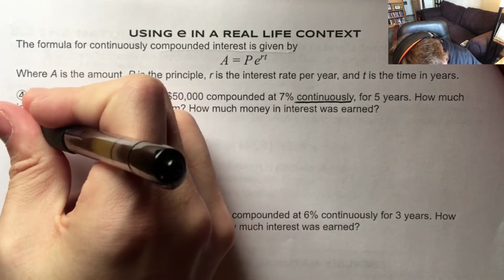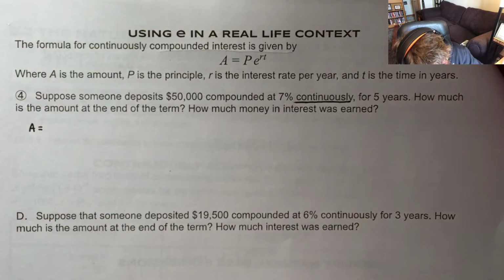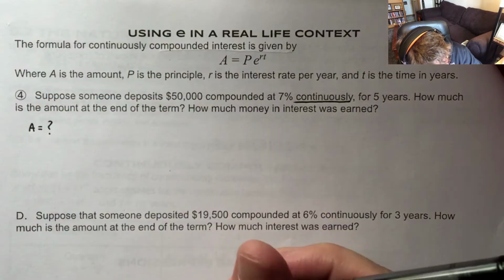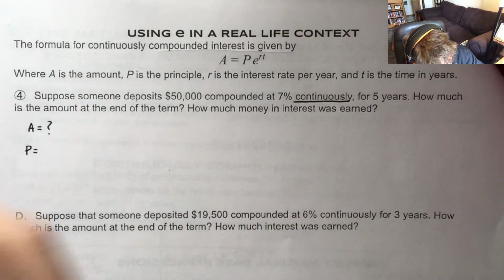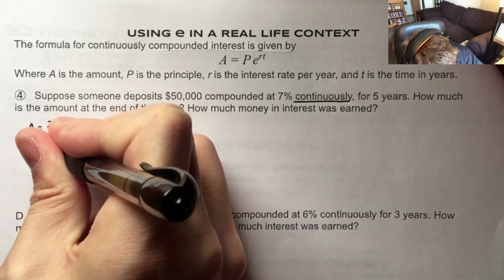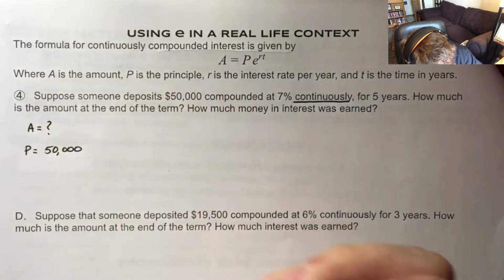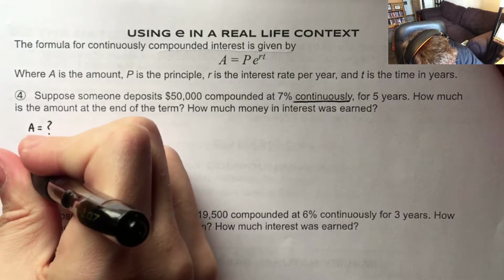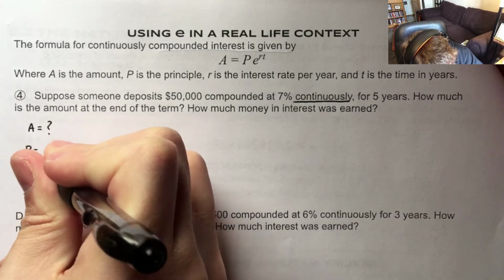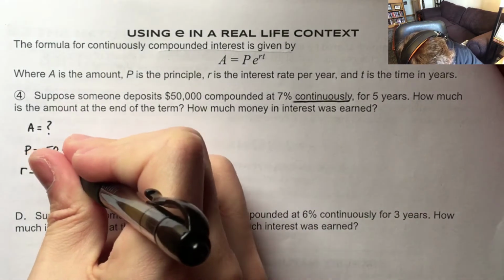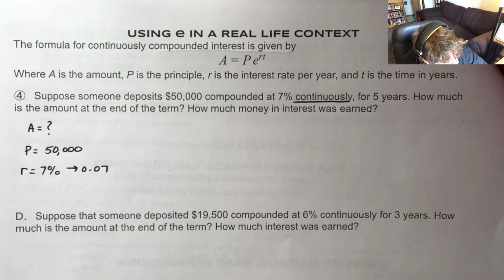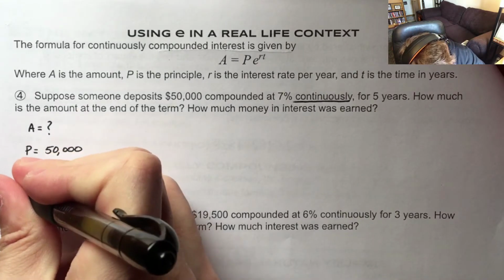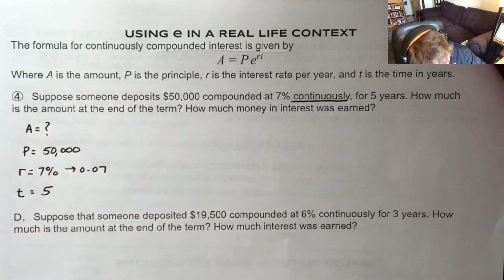So A is the amount, which we don't know. We're trying to find that. P is the principal. That's the original amount of money deposited, so that's going to be $50,000. R is the rate, which is 7%, which we need to write as a decimal, 0.07. And then t is the time in years, which is 5.